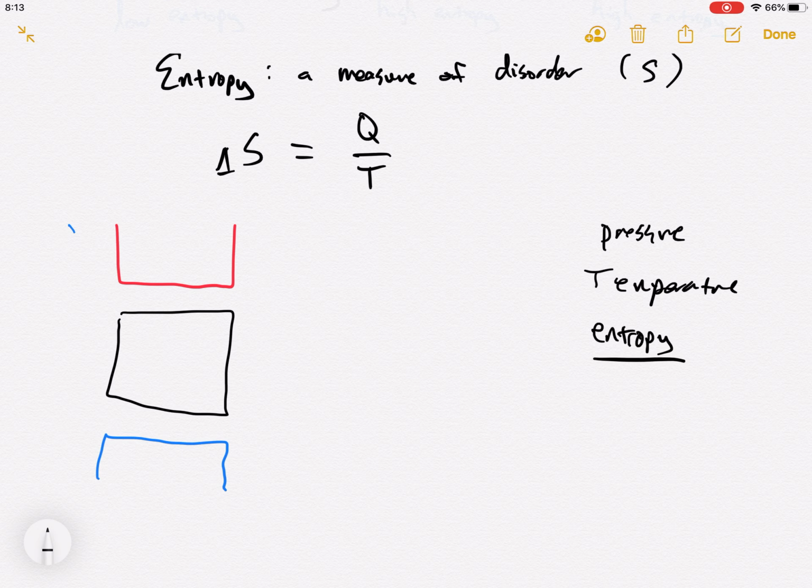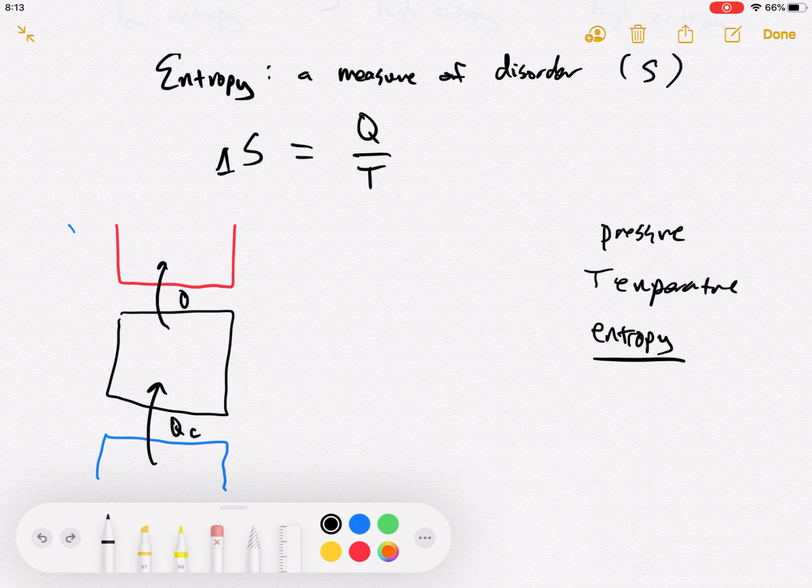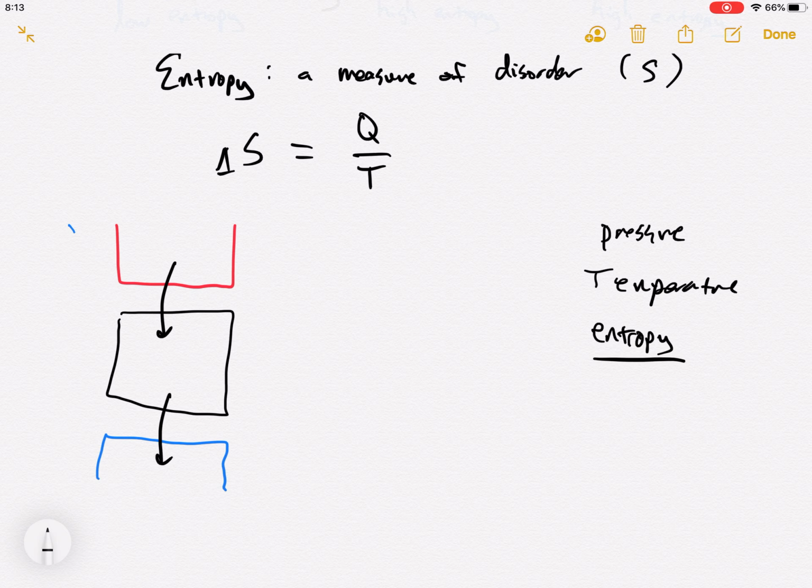So if I draw these things, here's Q cold, and here's Q hot. Let's do a heat engine. Here's Q hot, and here's Q cold, and then I get some work out of this system.